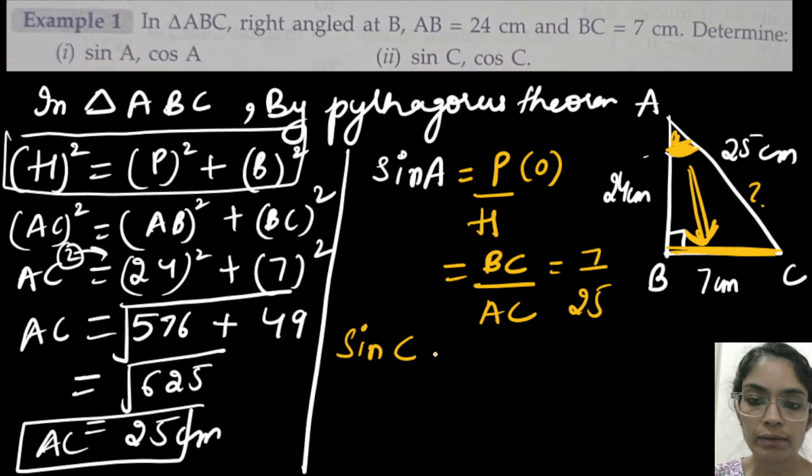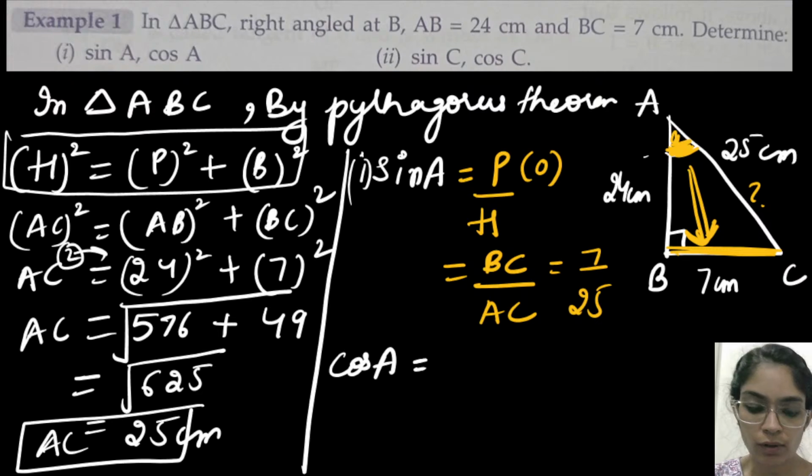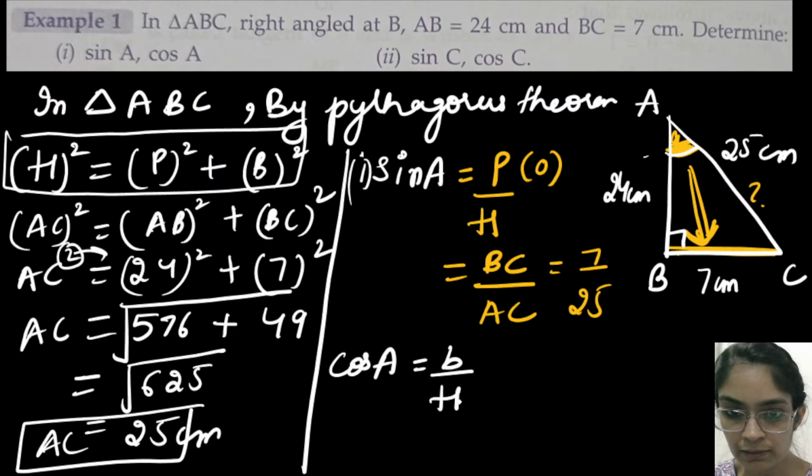Now we have to find cos A. In the first part we have to find sin A and cos A. What is the formula of cos A? Sami has given the answer: base by hypotenuse. Base is the adjacent side, and the hypotenuse is fixed.